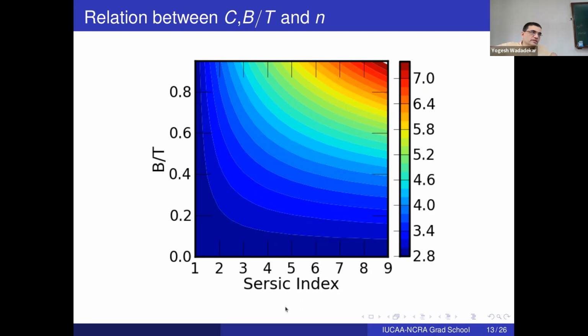There will be a degenerate curve on the Sersic index B by T plane, and if you know either the B by T or the Sersic index through some independent way, suppose you happen to know that this is an elliptical galaxy, so the B by T is 0, you'll be able to read off the value of the Sersic index from this plot.